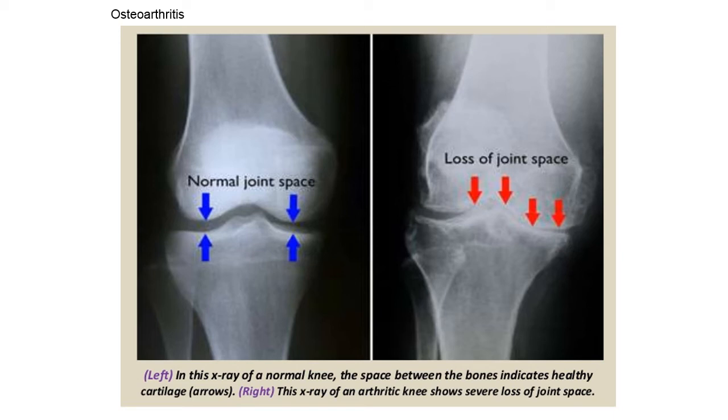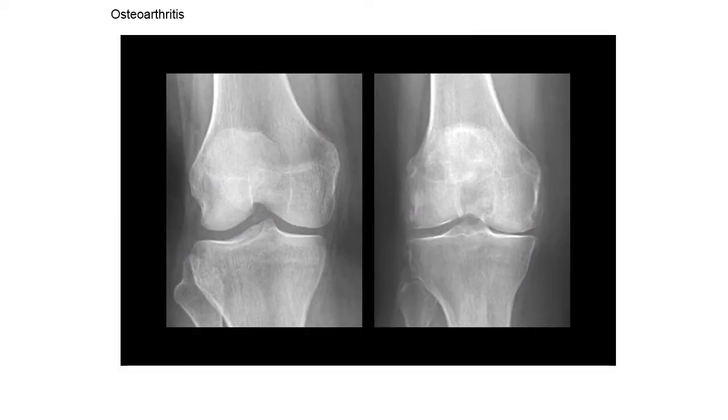Here's the example of that. So in osteoarthritis, this is normal here, and then this is osteoarthritis. Over there, you have loss of joint space, and you see those bones are just slamming against each other. Next slide. Another example of loss of joint space: you can see on the left is normal joint space, and then loss of joint space there.